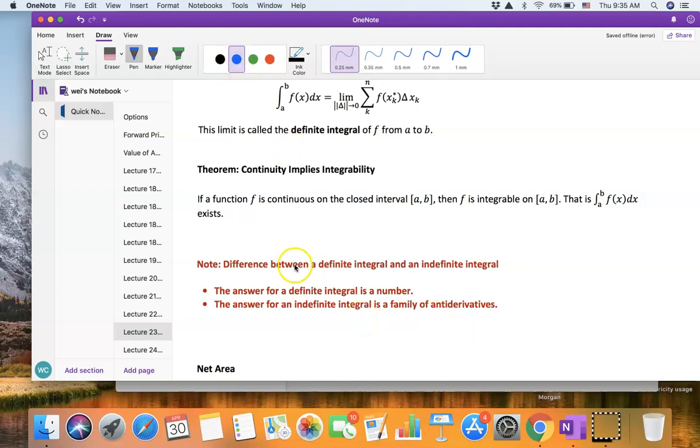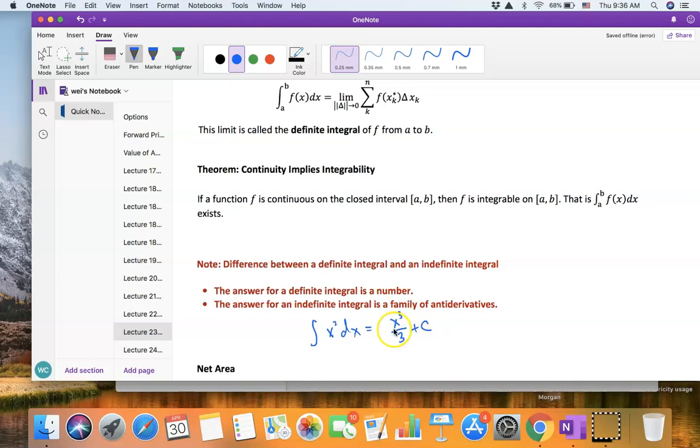Like this is an indefinite integral, and the result equals x to the third over 3 plus a constant.